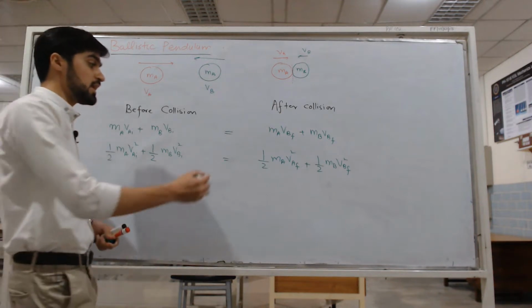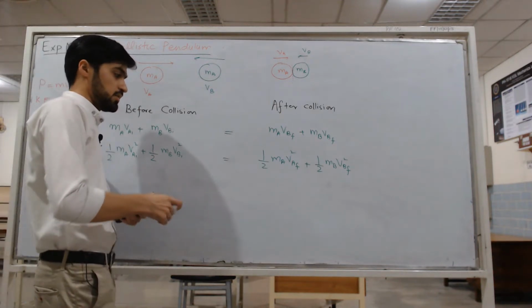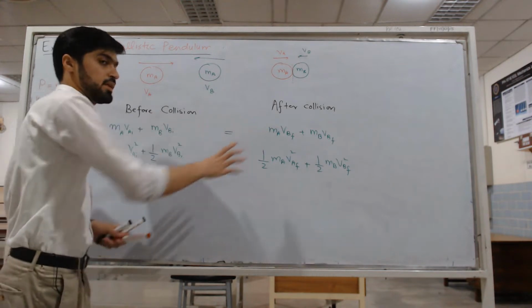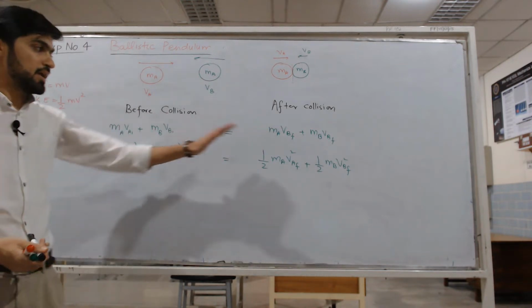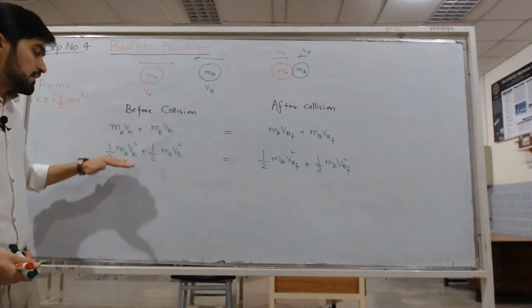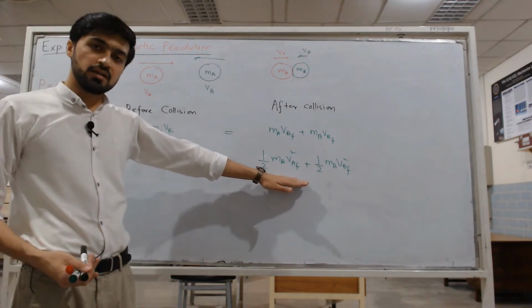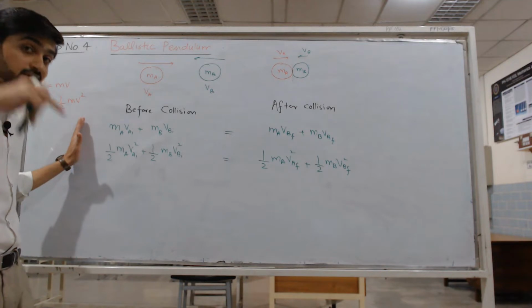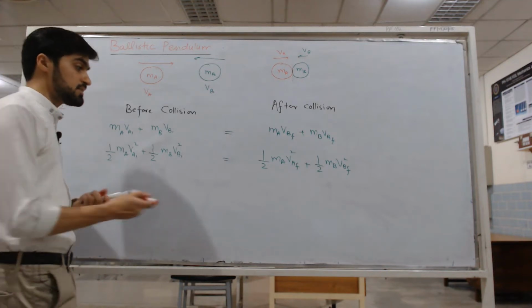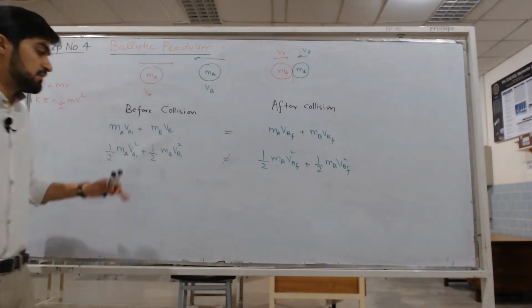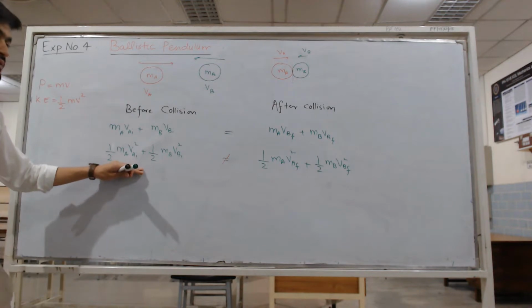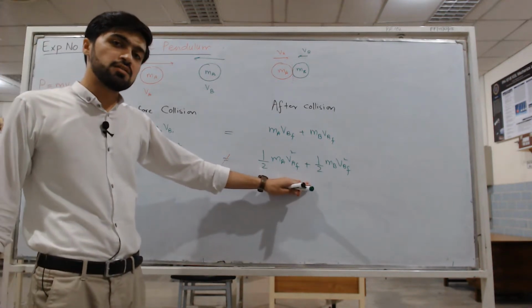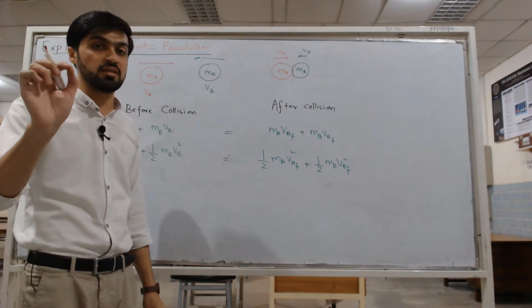So this is for the case of elastic collision. Initial and final momentum are the same, and the initial kinetic energies and final kinetic energies are the same. So we can say that it's elastic collision. But for our case, it's not elastic collision. The initial kinetic energies will not be equal to the final kinetic energies, and we will find the percentage lost in the kinetic energies.